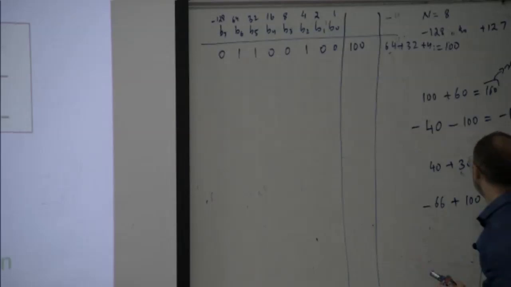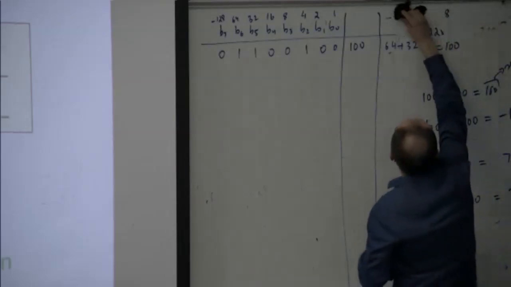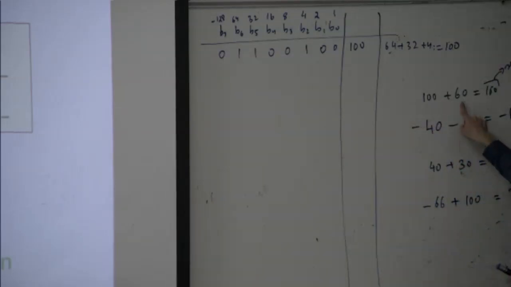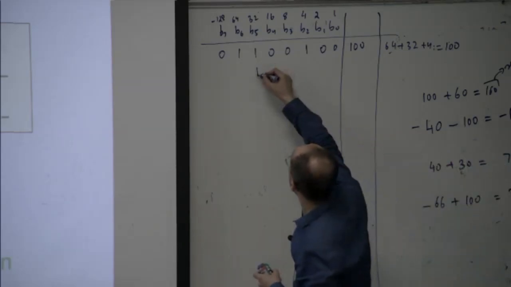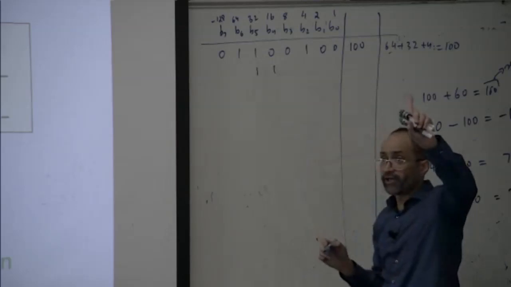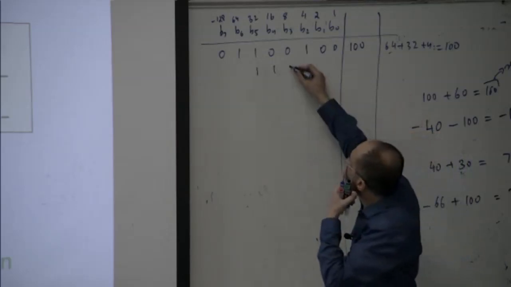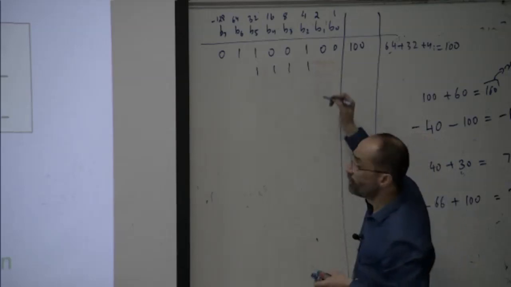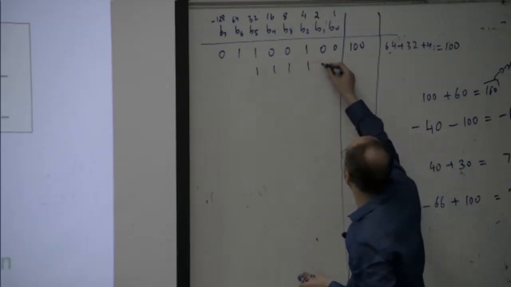Any problem? Again, we want to compute 60. What is 60? 32 plus 16 is 48, 48 plus 8 is 56, plus 4 is 60.